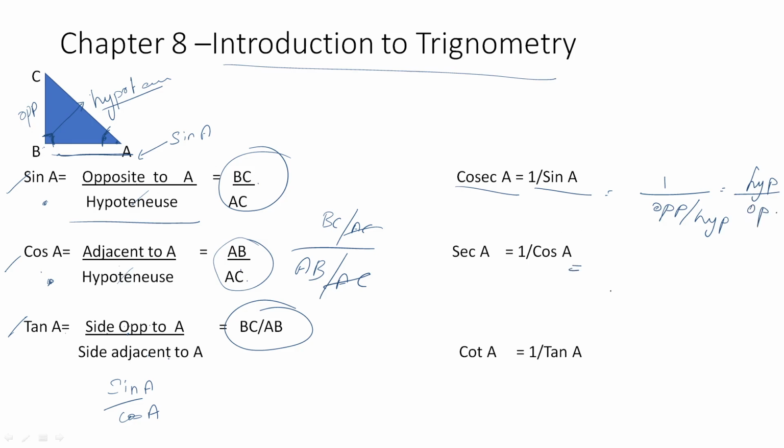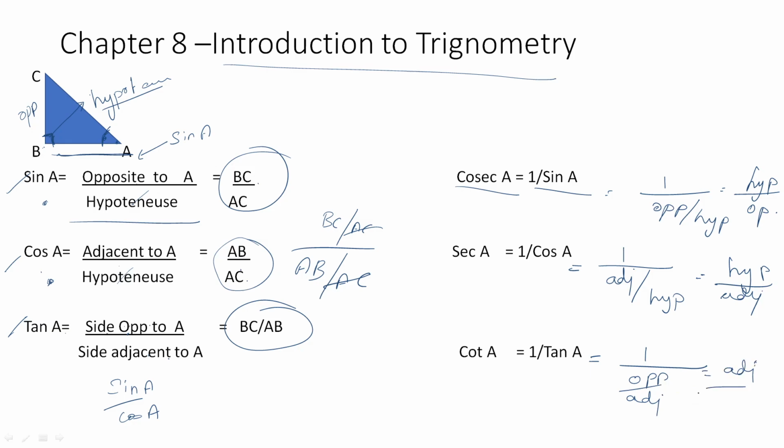Likewise, sec A is 1 by cos A, 1 by adjacent by hypotenuse, so it becomes hypotenuse by adjacent. And cot A is 1 by tan A, 1 by opposite by adjacent, so it becomes adjacent by opposite.